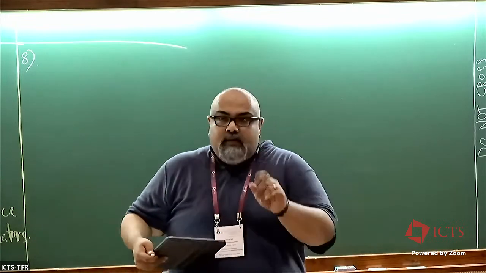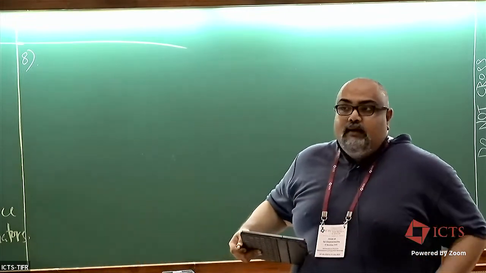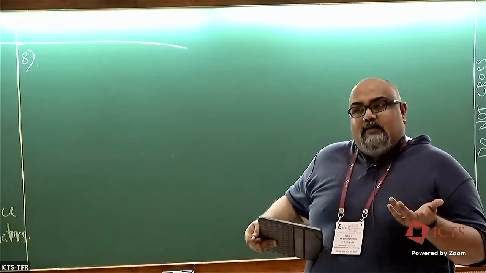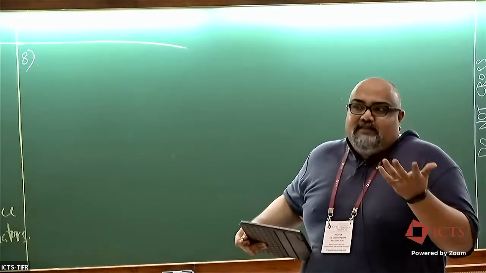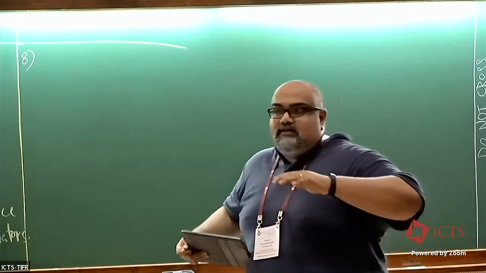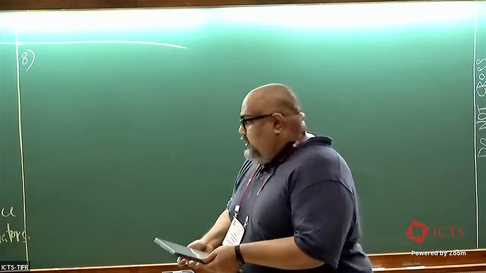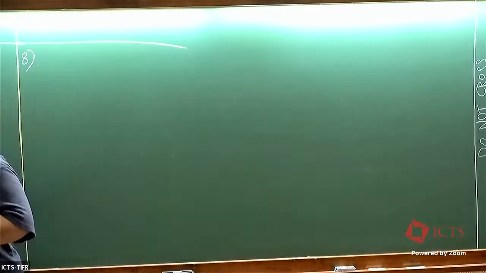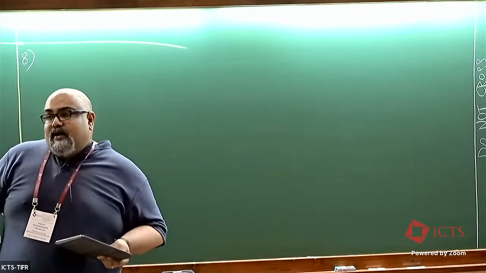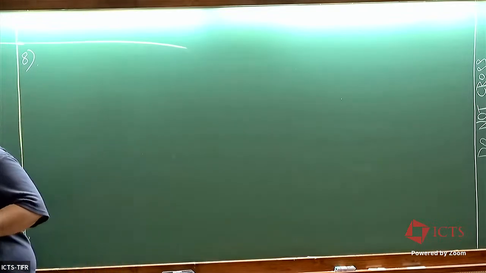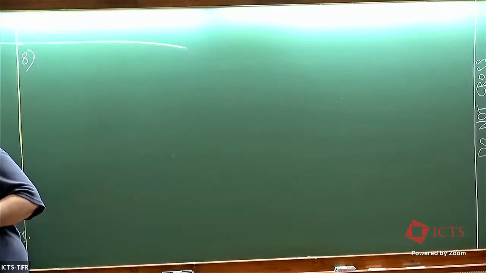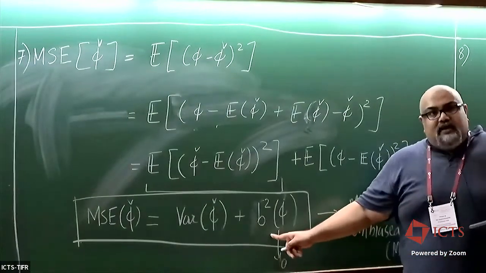The answer is, there are several strategies. One of the strategies is to try and minimize the variance of the estimator, and then try and hit an estimator which satisfies this along with the bias being 0. So you can try and minimize this quantity and at the same time make it unbiased.